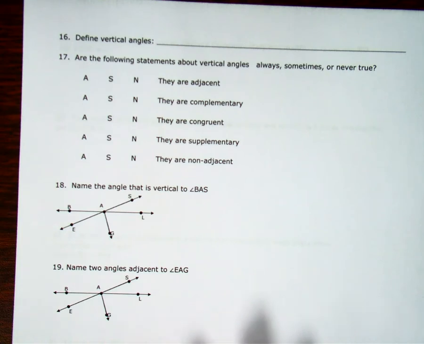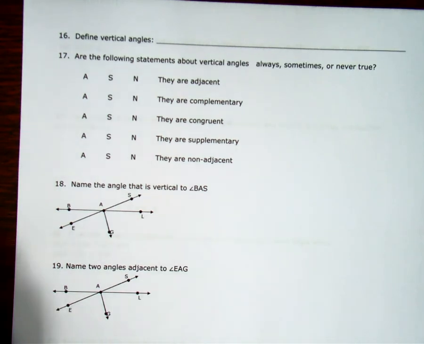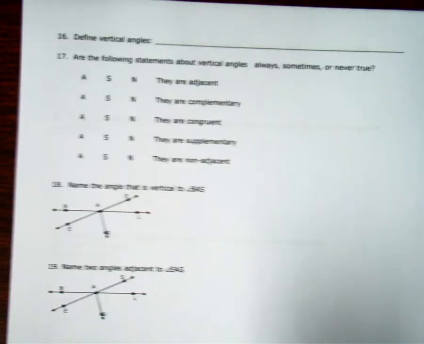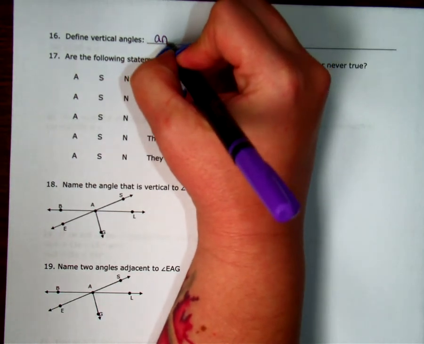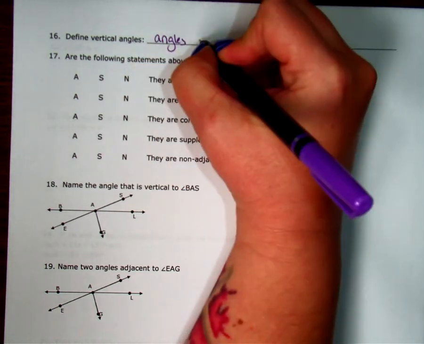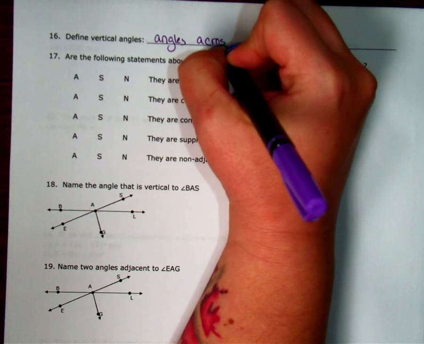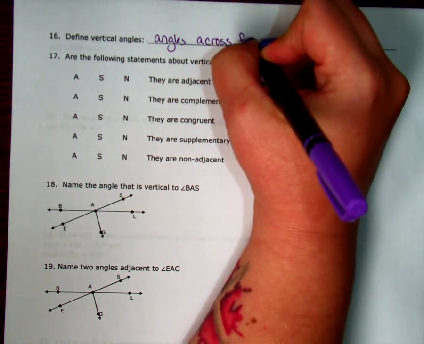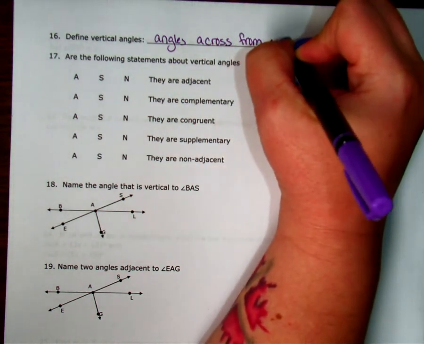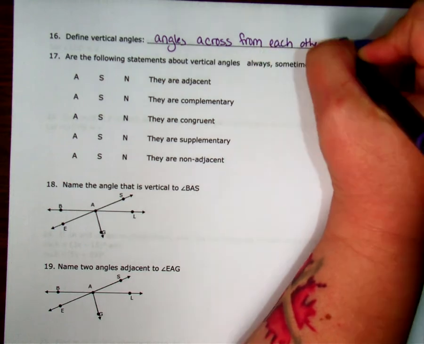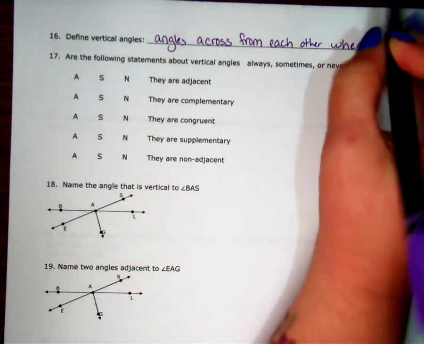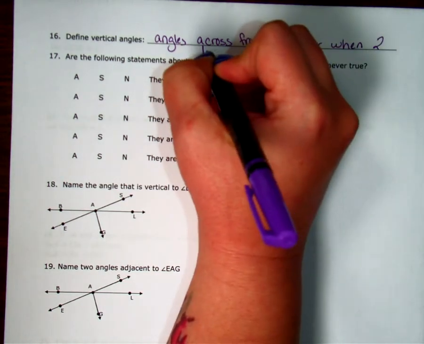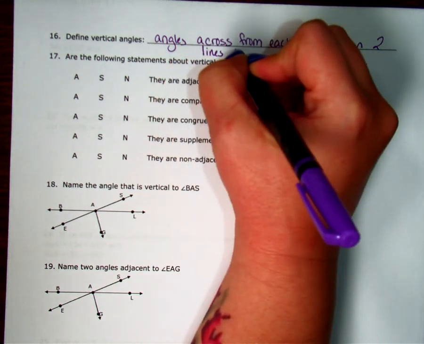Define vertical angles. Vertical angles, a little bit different. So for vertical angles, those are angles across from each other when 2 lines intersect.